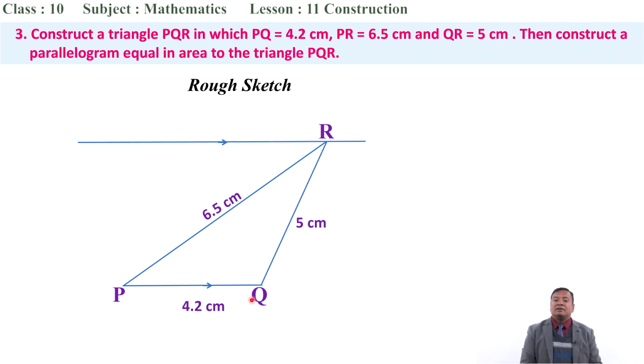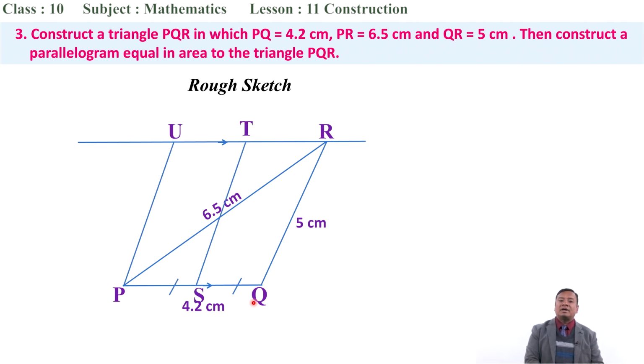And then here also we have to make the parallelogram whose area is equal to the area of the triangle. So we have to find the midpoint of PQ here also, and after that we have to construct a parallelogram, right? Here PS equals QS, and here PSTU, this parallelogram will be equal in area to this triangle PQR, right?